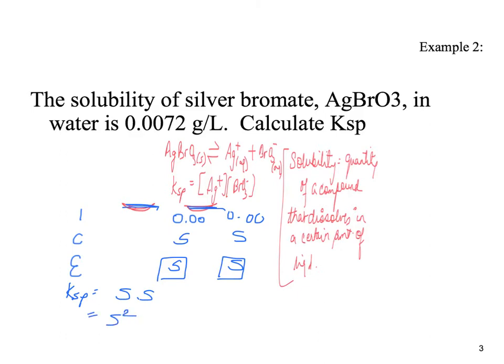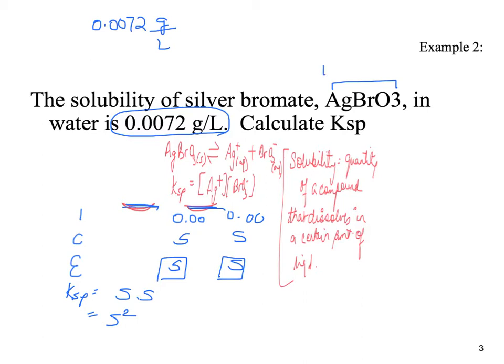Now the question is, what is S, or is there any piece of information that can be converted into something which is useful or more useful than what it is right now? Realize my solubility is given as 0.0072 grams per liter. And I said that molar solubility has got to be in moles per liter. So in order to do that, I will need to convert the grams into moles.